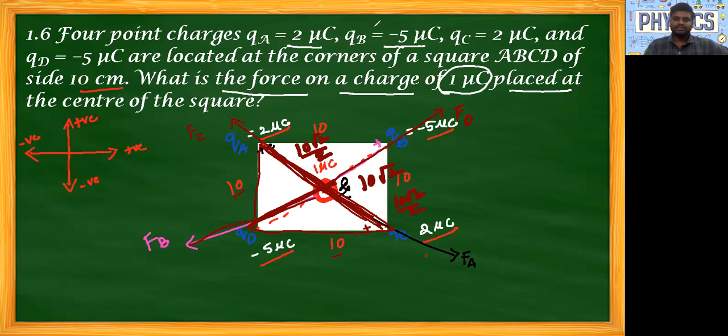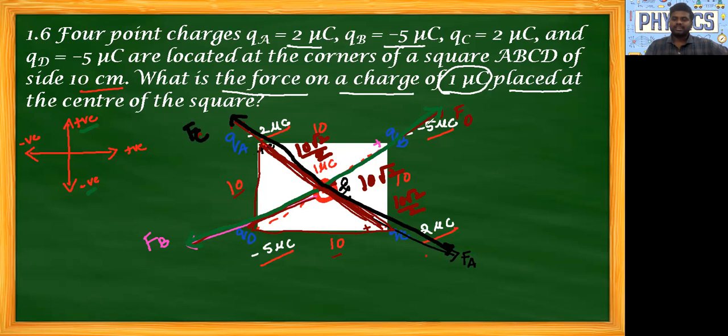If you observe carefully, force FB is the same as force FD, but in opposite direction. Here see, that is positive and negative. In a similar way, force FC is the same as force FA, but the directions are different.